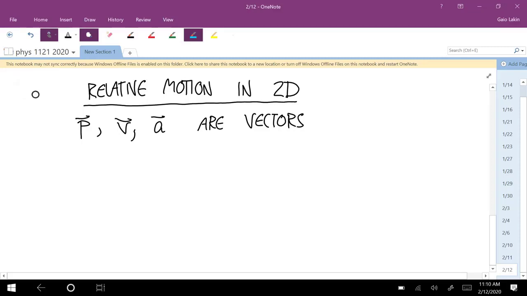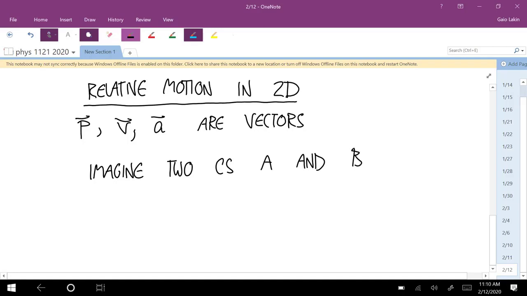So imagine two coordinate systems, A and B, with the same axis orientation. So the coordinate system orientations are the same.